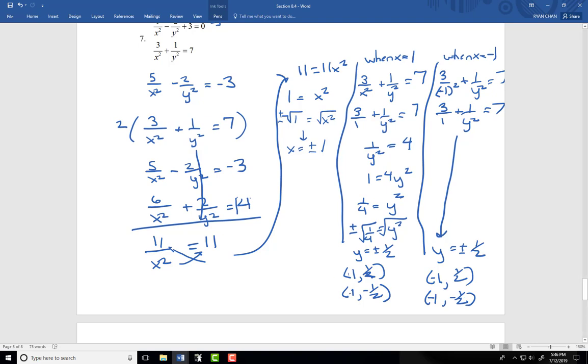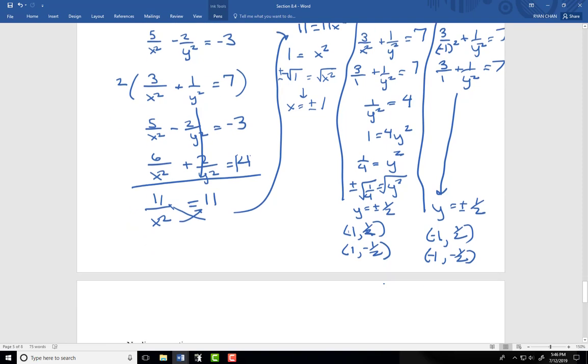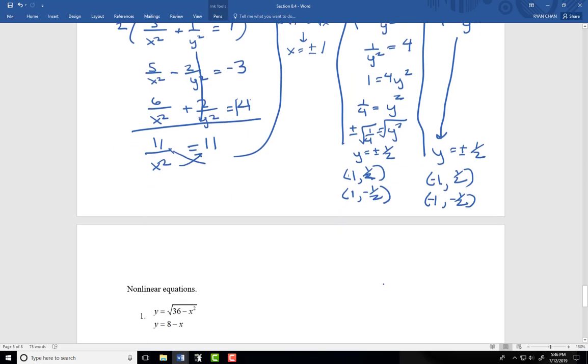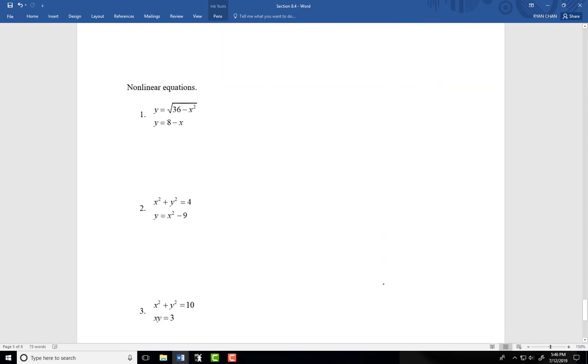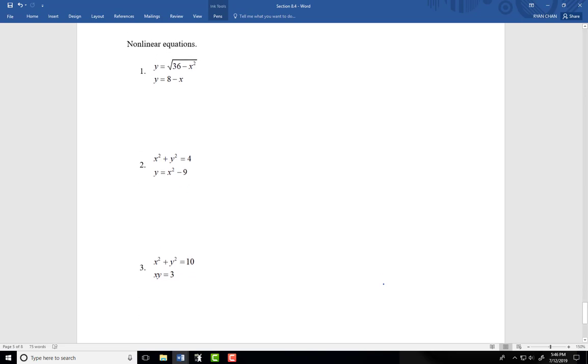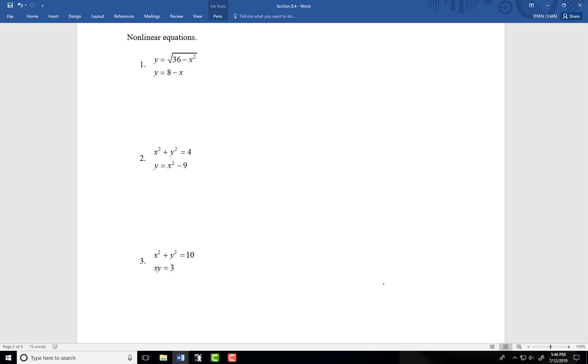Okay. So let's just talk about how do you know when to use elimination and when to use substitution, okay? If I look at an example like number 1, it's a lot easier to use substitution, right? Because I can replace y with 8 minus x and then solve from there.